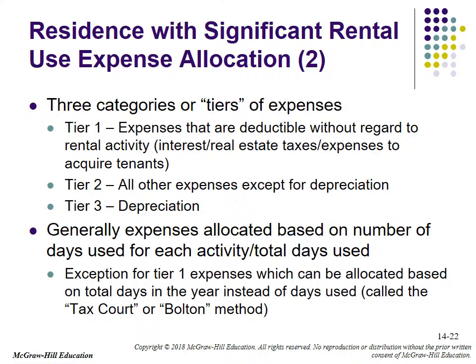This allows you to deduct more expenses in Tier 2 and Tier 3 without losing the deduction for mortgage interest and real estate taxes, because you can deduct 100% of those. It's just that part will be in your rental and part will be an itemized deduction.